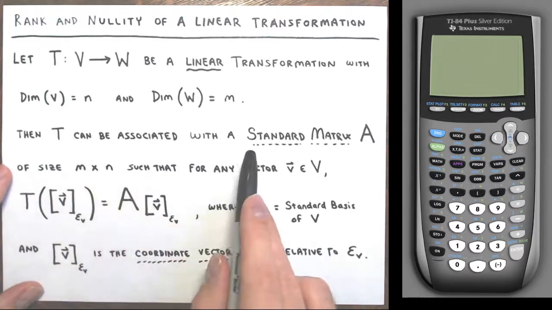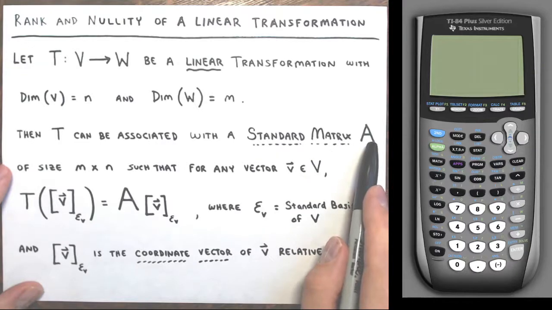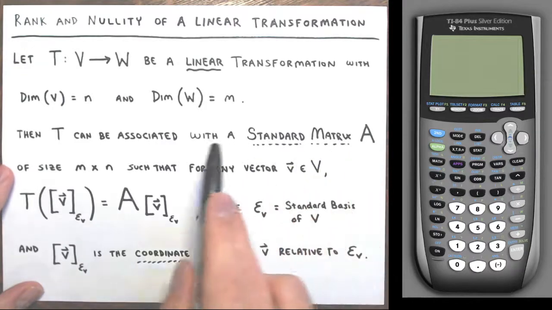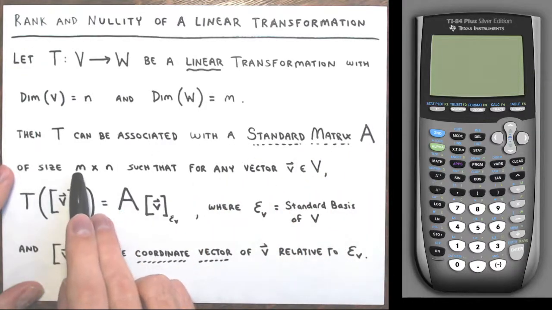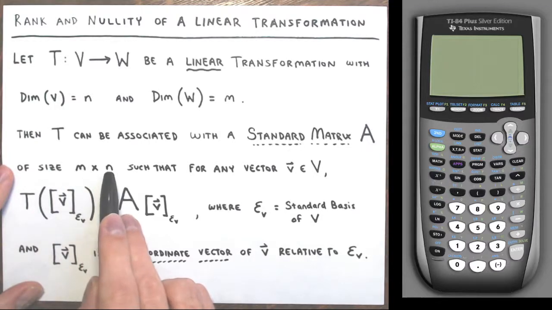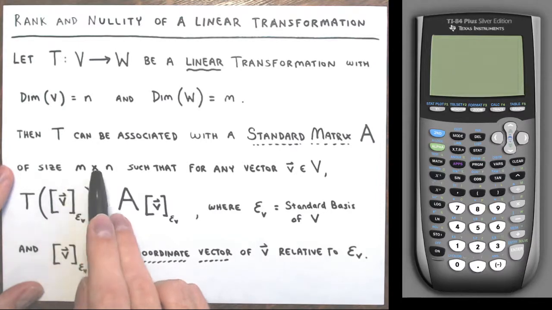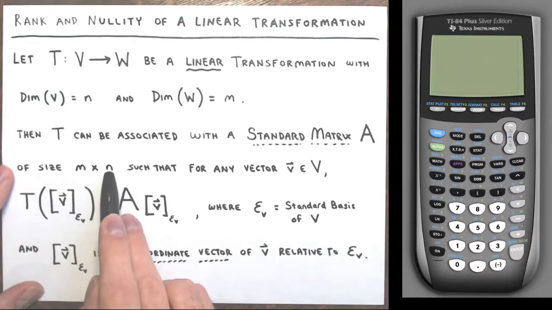And you'll see that for any linear transformation, the size of the standard matrix will be the dimension of the codomain by the dimension of the domain. The dimension of the codomain is how many rows are in the standard matrix, and the dimension of the domain is how many columns are in the standard matrix.